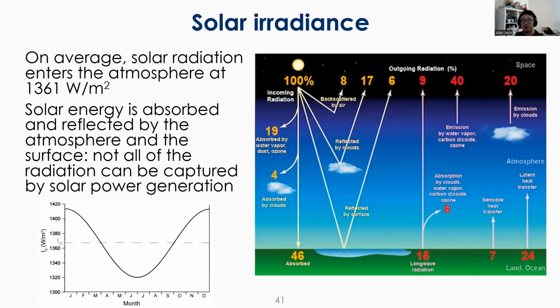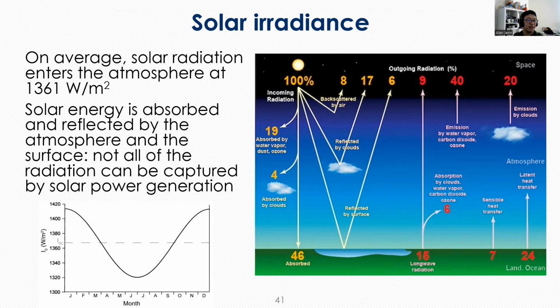Some of it gets absorbed in various layers of the atmosphere before you get some being absorbed by your surface or reflected back into space. And so we take advantage of the stuff that comes down to the surface. And that's essentially the energy that you want to try and capture.